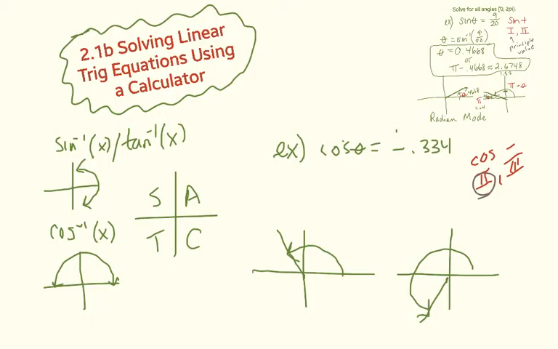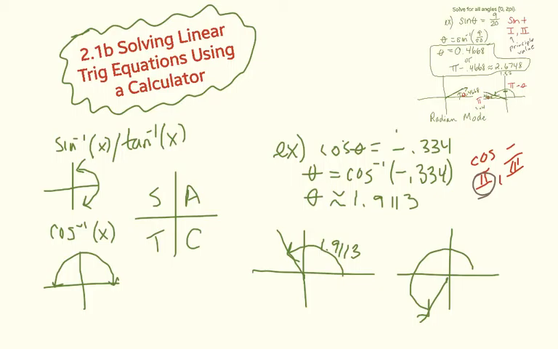Again, to find these, I go to my calculator, I do theta equals inverse cosine of the ratio that was given to me, in this case, negative 0.334. And my calculator spits back to me that that answer is approximately 1.9113. So that's this angle here, 1.9113. That's one of my answers.